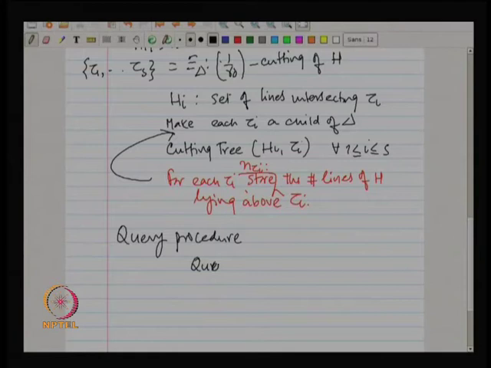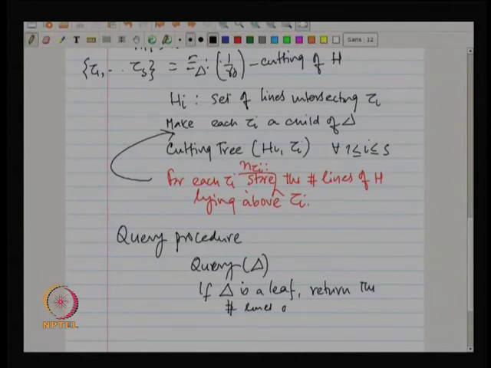So query, that's at a node delta. If delta is a leaf, return the number of lines of H delta lying above the query point. Oh, there has to be a query point also.